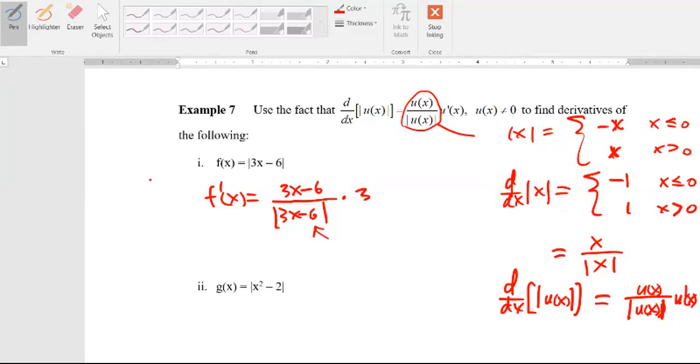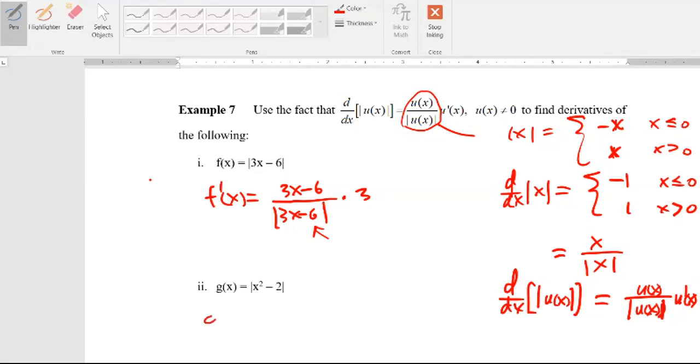So this is a convenient way to write that absolute value function, to be able to work with it in the form there. Okay, all right, next one.